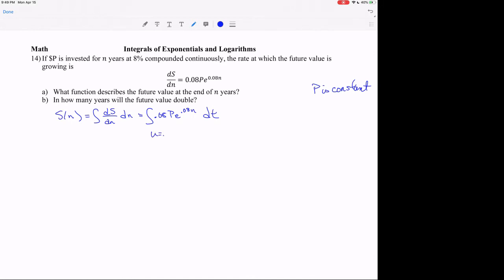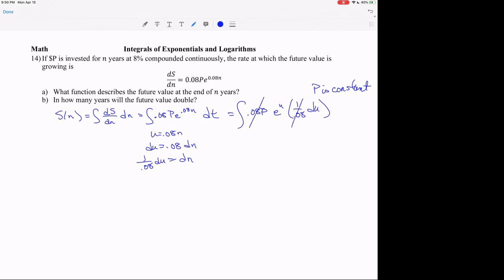So u equals 0.08 n. So then du equals 0.08 dn. So that's 1 over 0.08 du equals dn. All right. So now when we substitute our variable in, we get the integral of 0.08 p e to the u times 1 over 0.08 du.